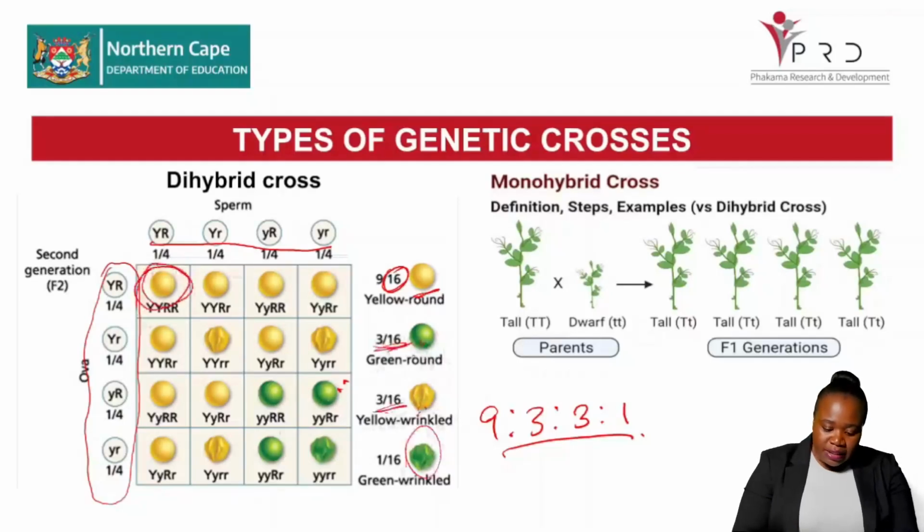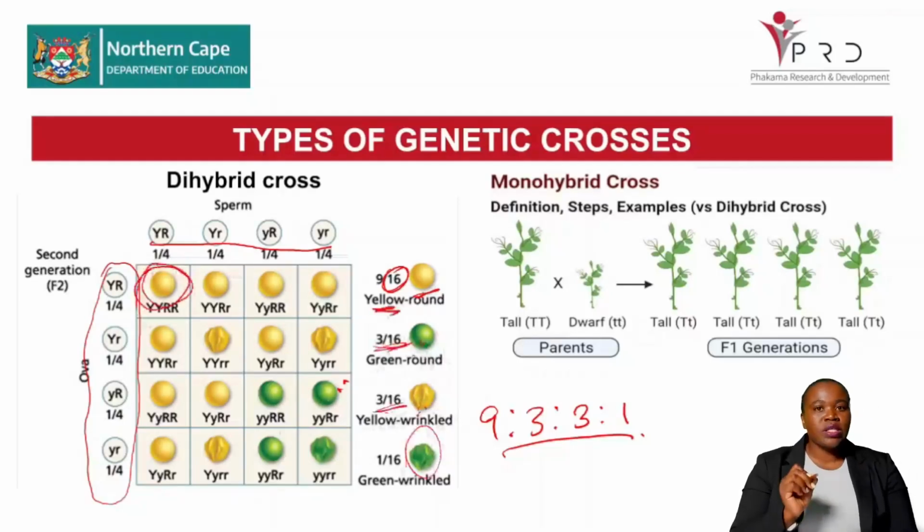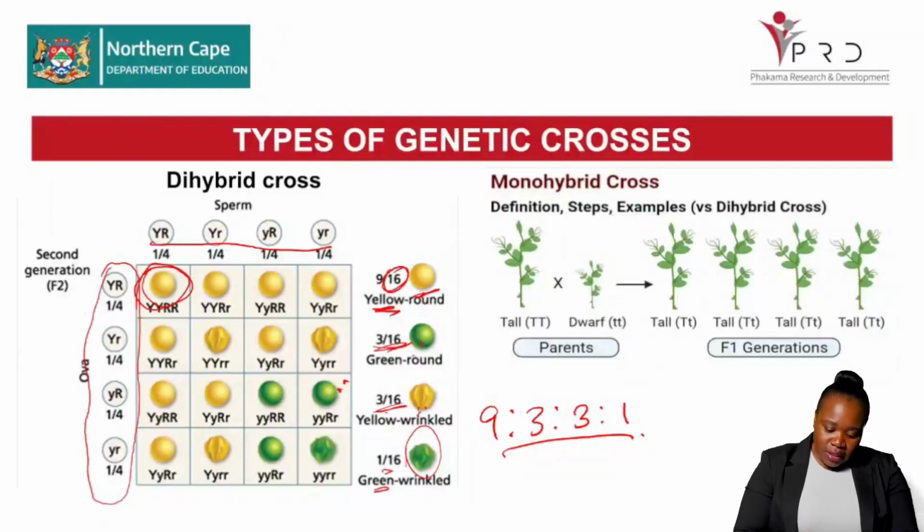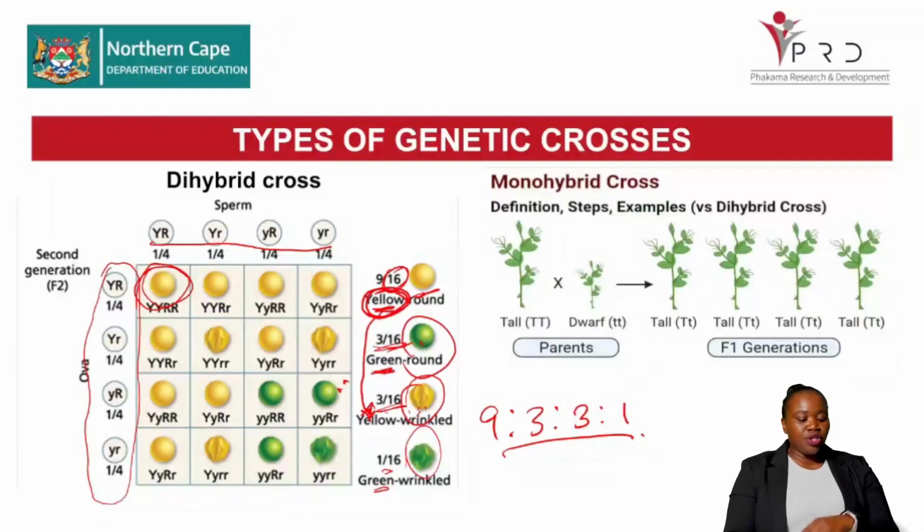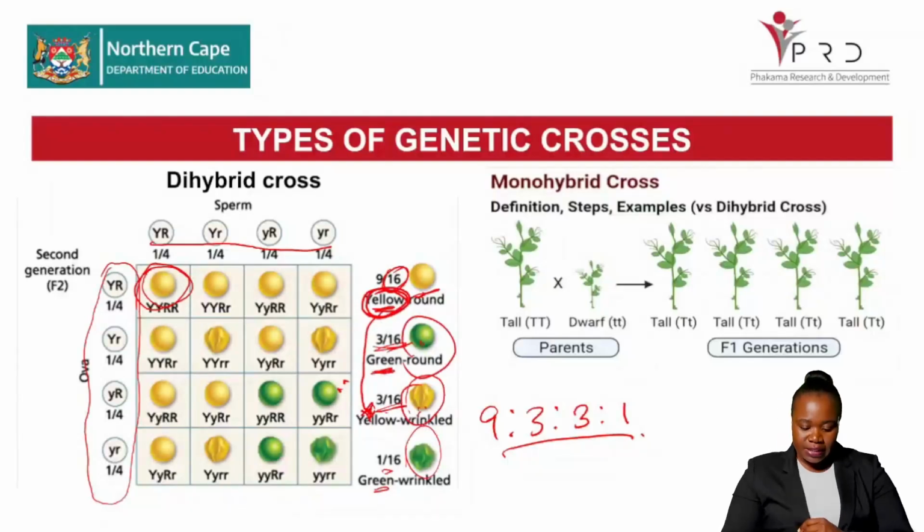Here, it doesn't mean that yellow seeds always have to be round. It doesn't mean that wrinkled seeds always have to be green, right? But the yellow has now matched itself or paired itself with wrinkled, and the green has now paired itself with round. So this basically shows us that law of independent assortment.